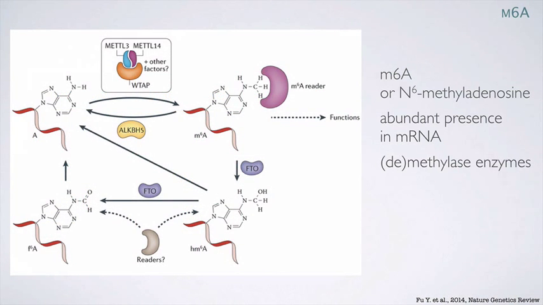But in the last few years, several research groups were also able to identify the enzymes that make it so that these methyl groups are added to or removed from the mRNA, the adenosines. So this points towards there must be something functionally going on here.